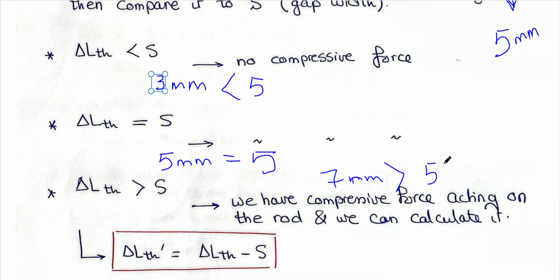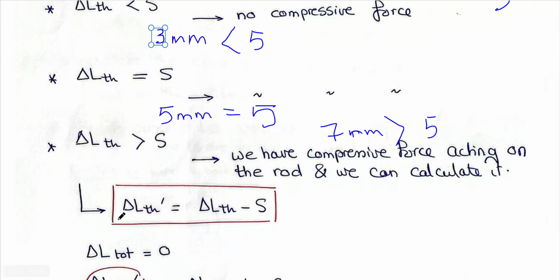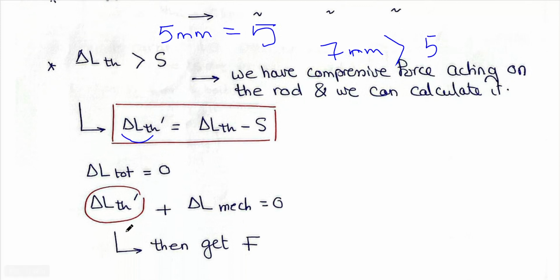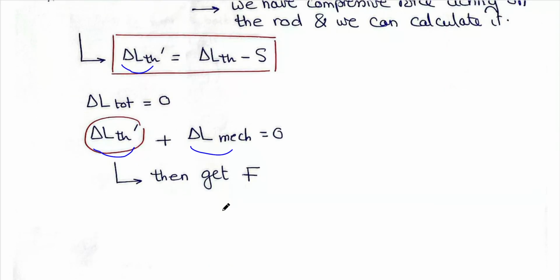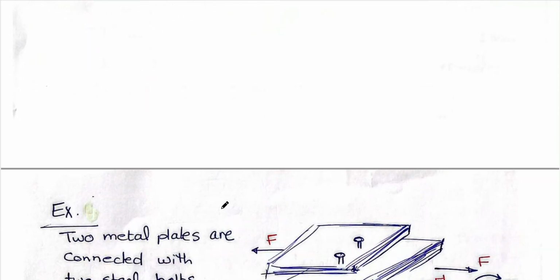So here we will have compressive force, but I will calculate delta L thermal dash, which is the difference, the 2 millimeters, and this is compensated with the delta L mechanical. Now we finish all the examples regarding the longitudinal elasticity.